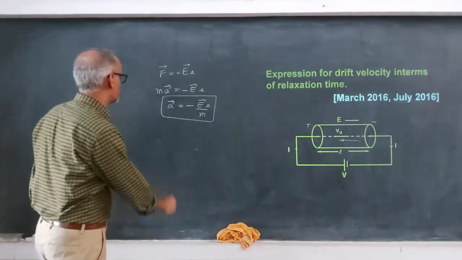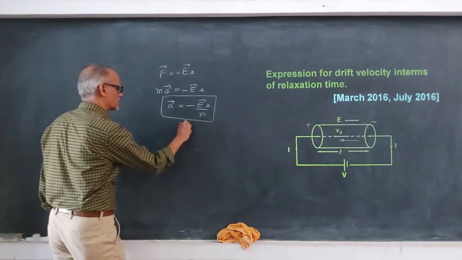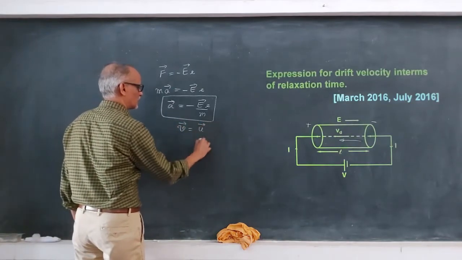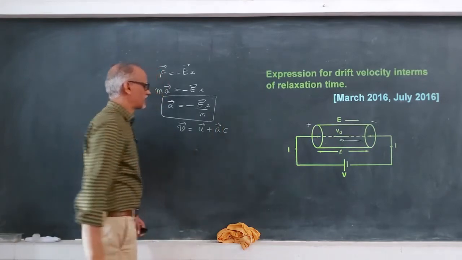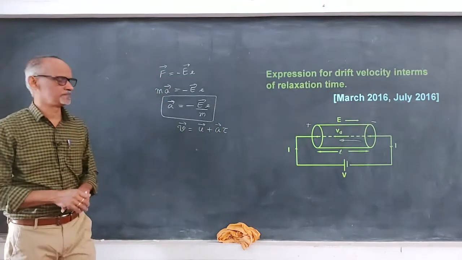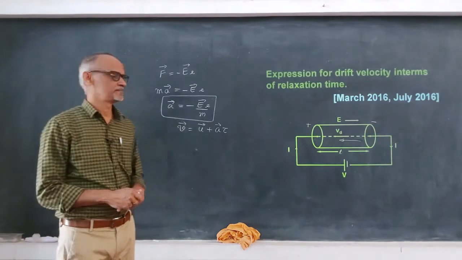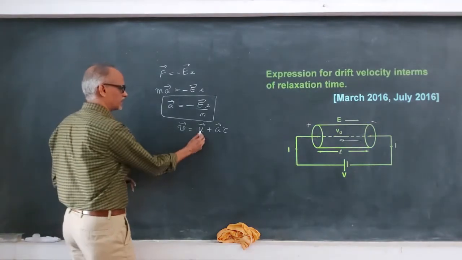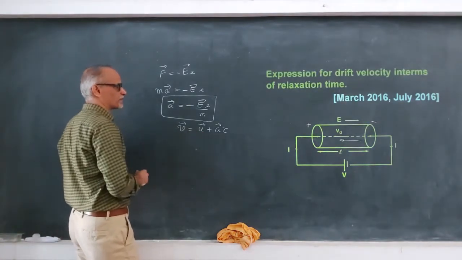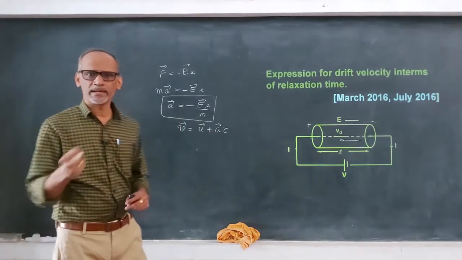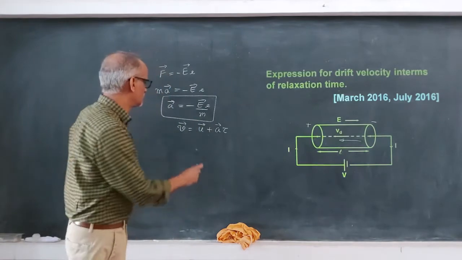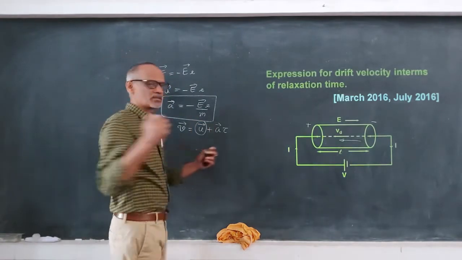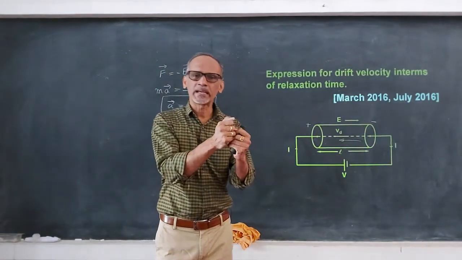And we know that the velocity is given by v is equal to u plus a t, where the time interval is tau, the relaxation time, and u is V naught, the initial velocity. But after colliding, again it starts with 0 initial velocity. Once it collides, from there again it starts with a 0.